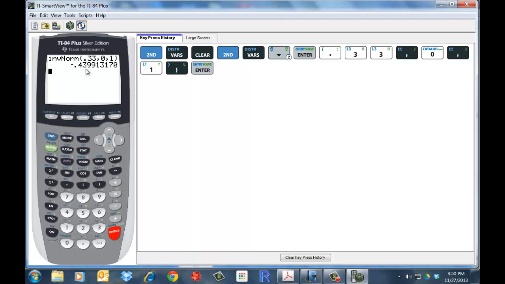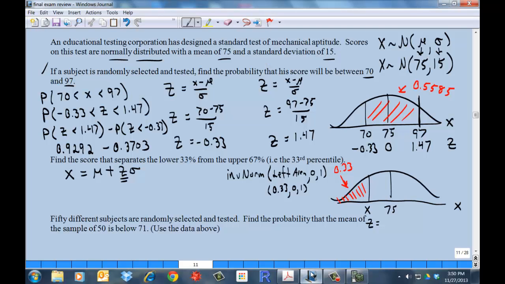So the z-score that we get, remember, always rounded to 2 decimal places, is minus 0.44. So this z-score here is minus 0.44. That's what we get for the z-score.